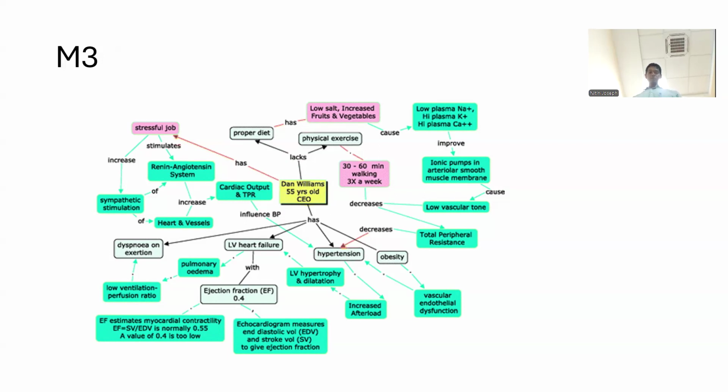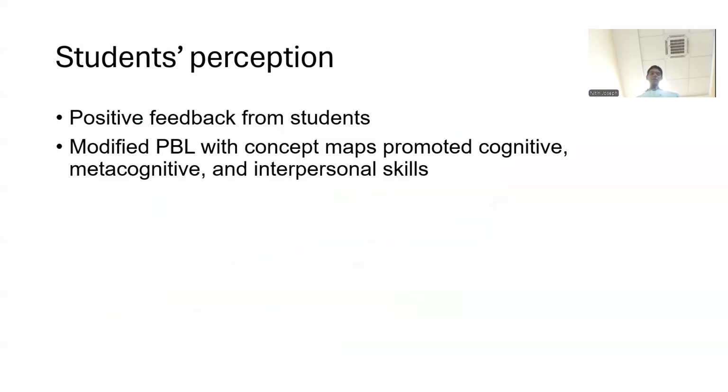And this is how they completed the PBL exercise, and positive feedback was given from all the students, and it also helped in the very purpose of PBL, that is to promote cognitive, metacognitive, and development of interpersonal skills.